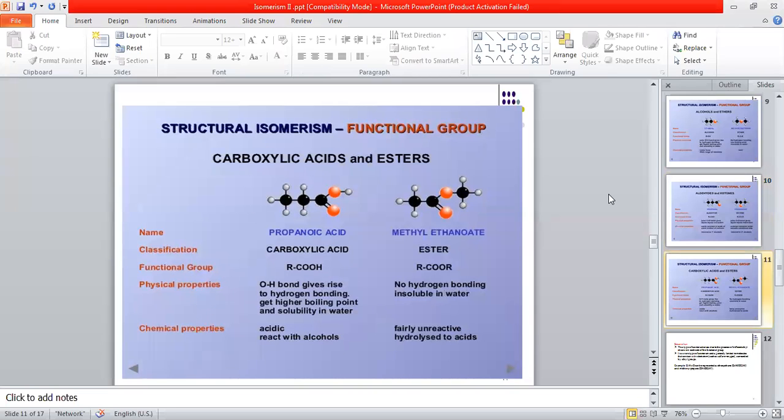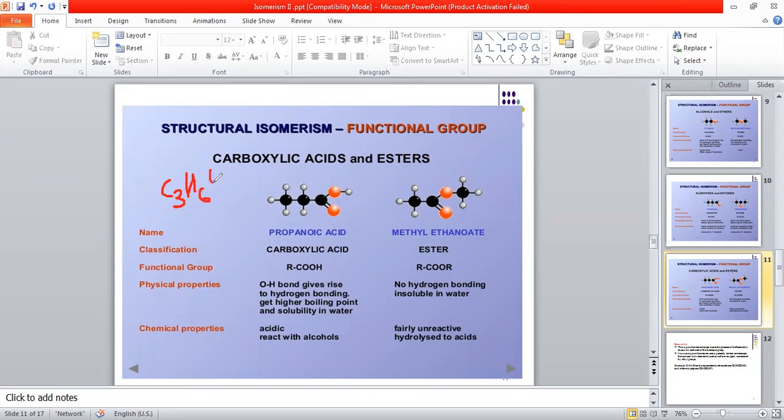Next one is the example of a carboxylic acid and ester. In this example again you can see how many carbon atoms are there? C3. How many hydrogens are there? 1, 2, 3, 4, 5, 6.